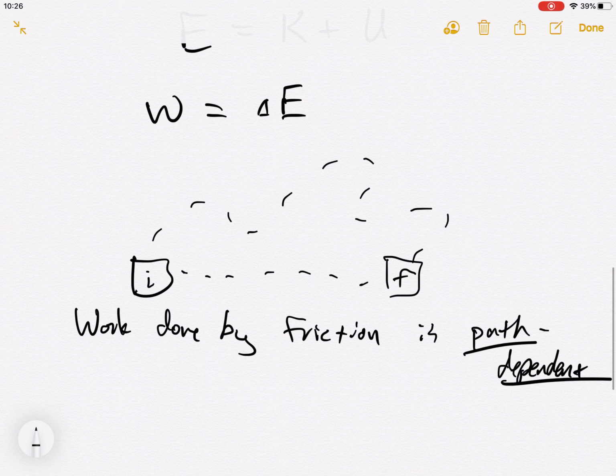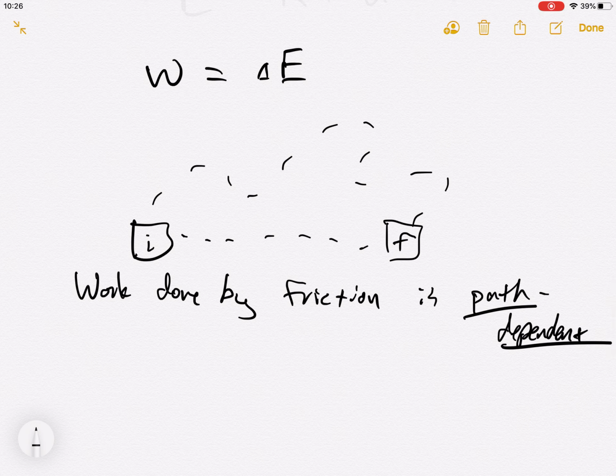But if I'm lifting a box, let's say I'm taking it from the first floor to the second floor, the work that I do against gravity only depends on the work I do against gravity. Remember, when you carry a box across a room at a fixed height, you're not doing any work on the box, right? It might cost you energy to walk across the room, but that's because you're fighting against friction the whole time.